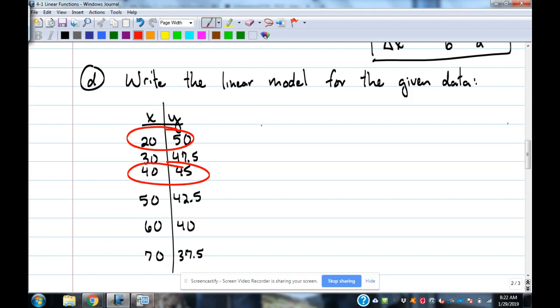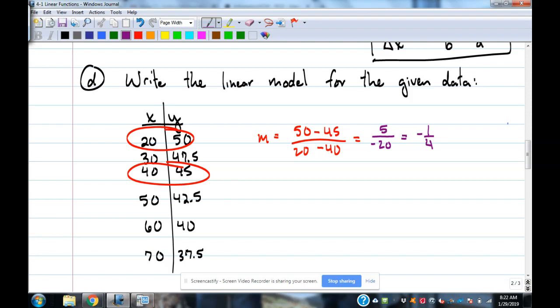Now, let's find the slope. Do 50 minus 45 over 20 minus 40. Yeah, I didn't do that in the right order, but that's okay. 5 over negative 20, which is negative 1/4.